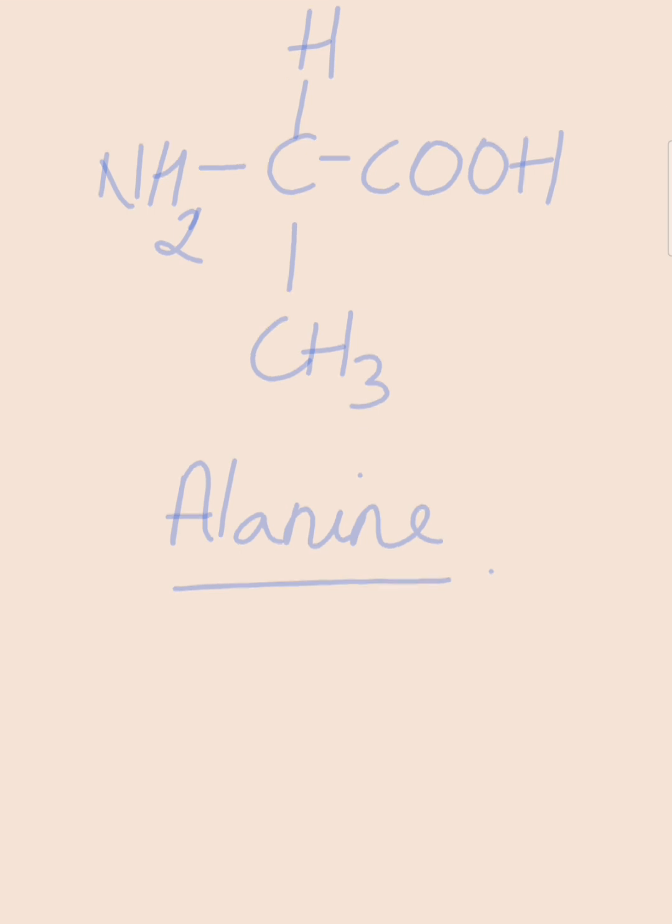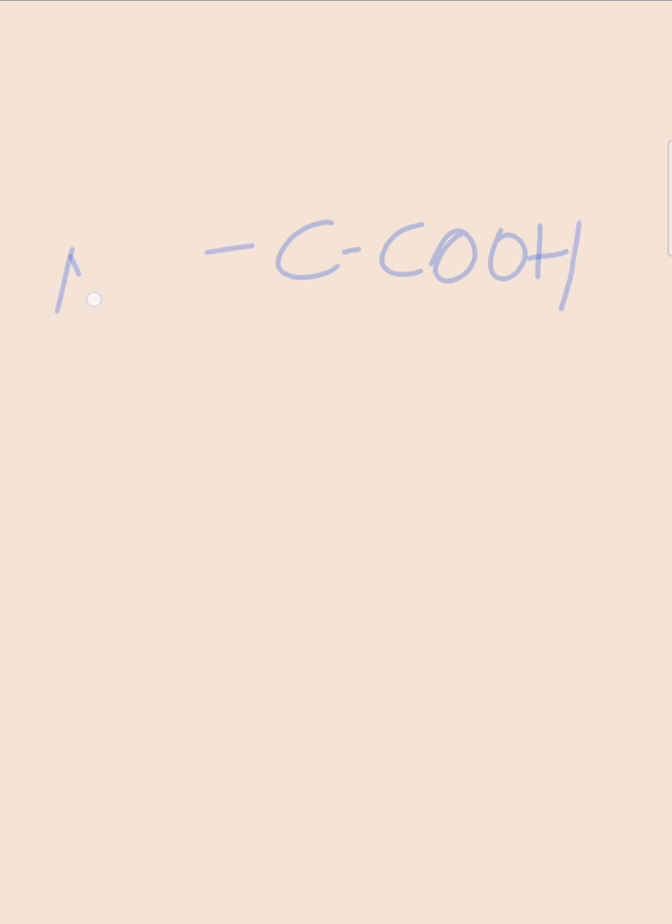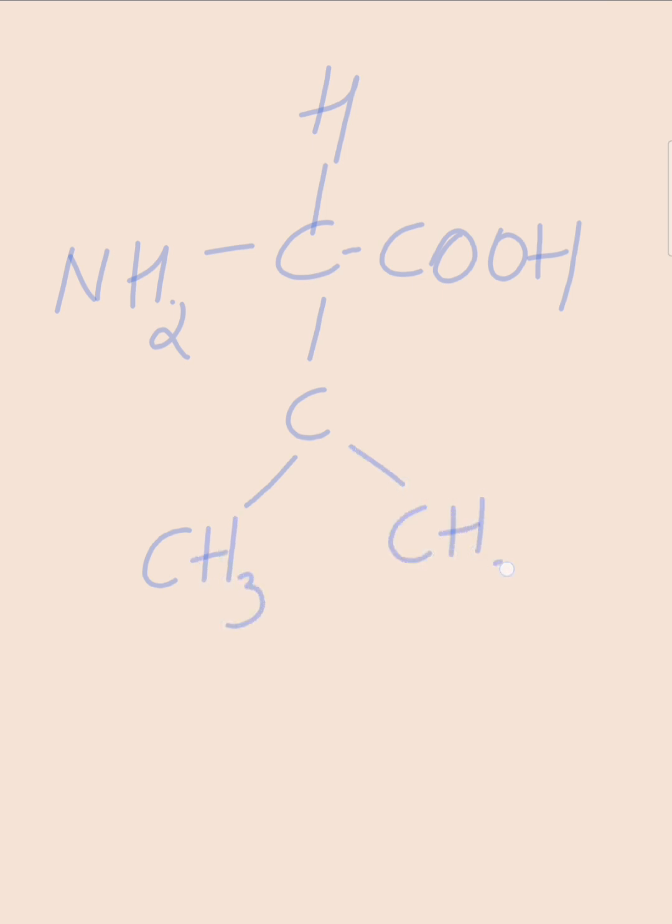Let's take another example. Same carbon. We have the carboxylic group, the amino group, then we have the H group, and then we have the C. We have CH3, then we have CH3.